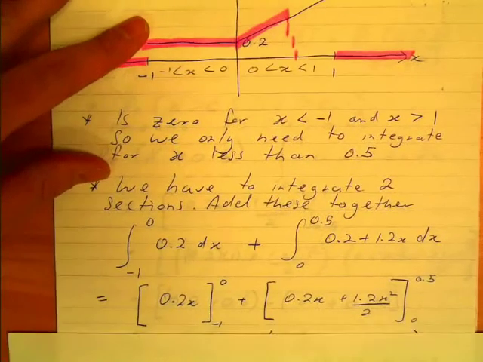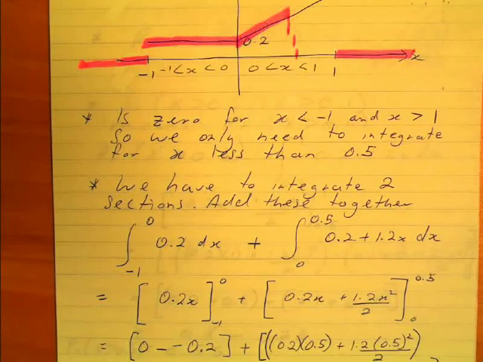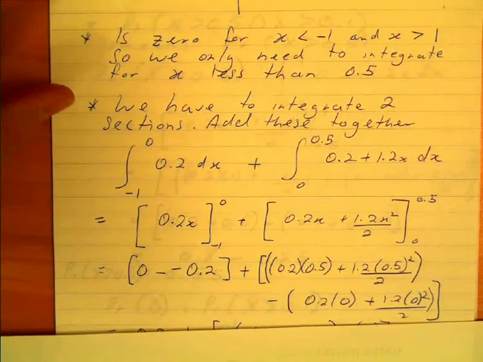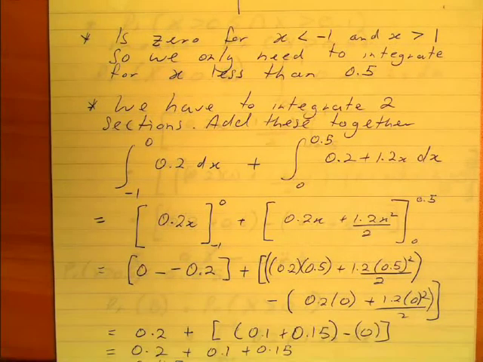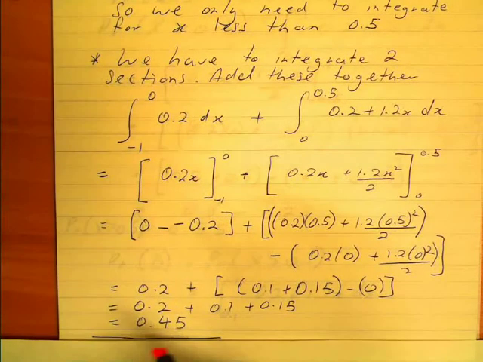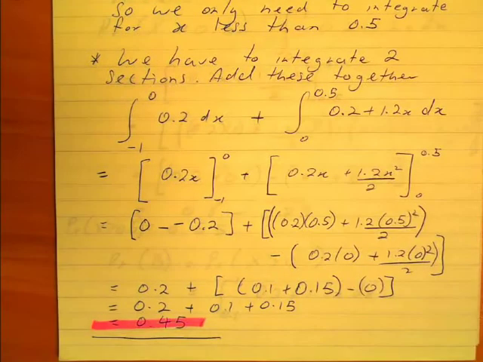Carry out those integrations. We end up with that. Simplify that. Gives us the next step. Simplifying again, we find out that the probability that x is less than or equal to 0.5 is 0.45.